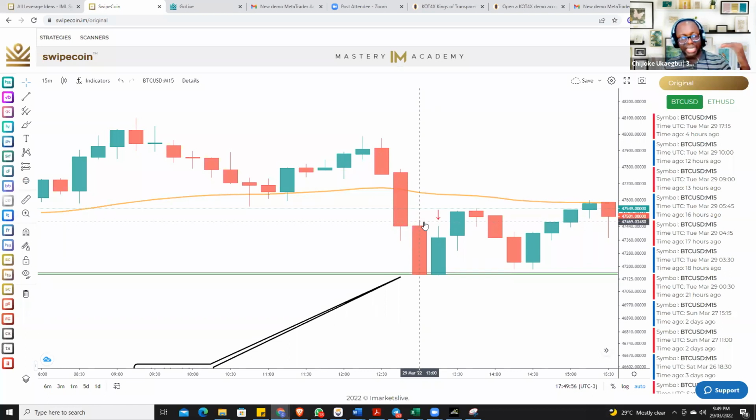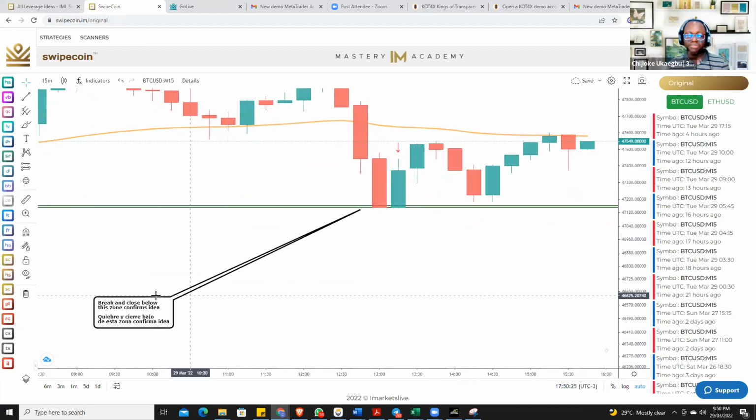So the highest point that the price got to is the high price. The lowest point that price got to is the low price. In this case, the low price and the closing price are the same. That's why you don't see an extension below this candle. So for red candles, the open price is higher than the close price. For green candles, the open price is lower than the closing price.